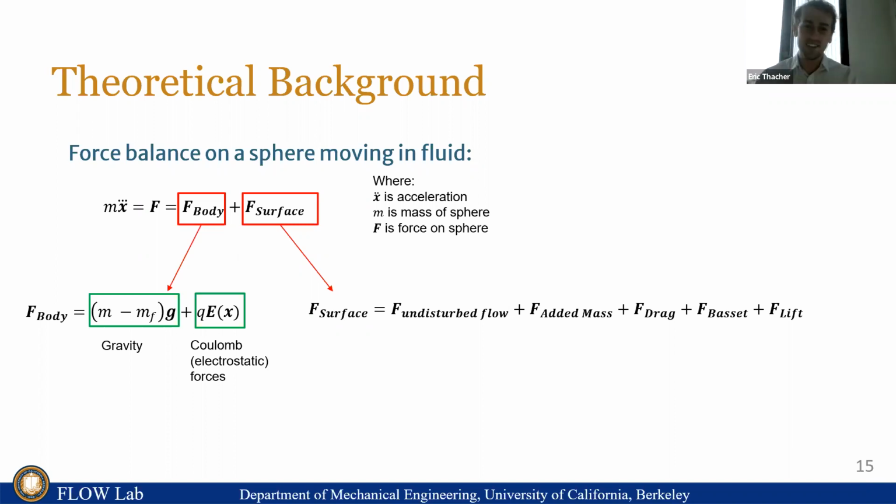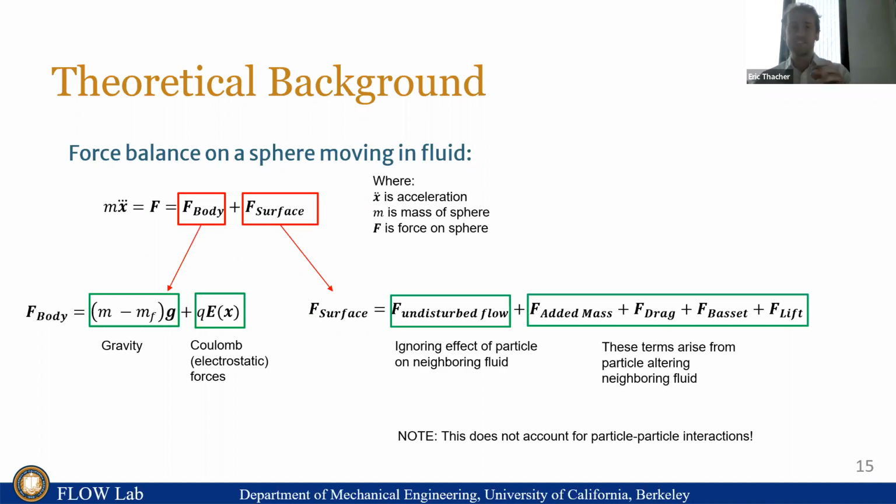And then the surface forces: basically you have the force of the undisturbed flow, which you could think of as if you had an infinitely small particle that was the same density as the fluid and moving exactly the speed of the fluid, then it would still move with the fluid, but it wouldn't disturb the flow at all.